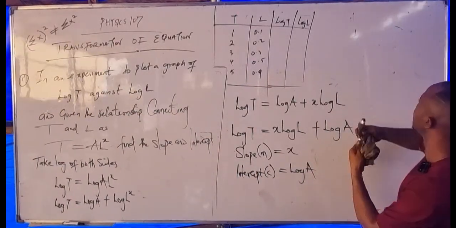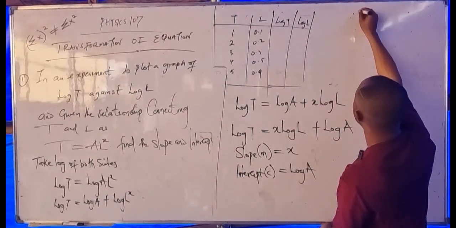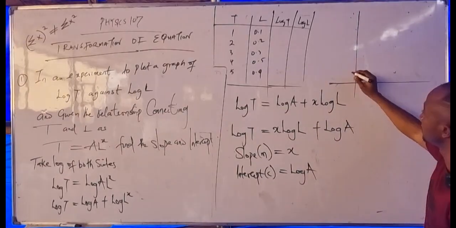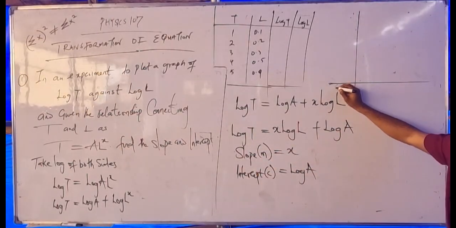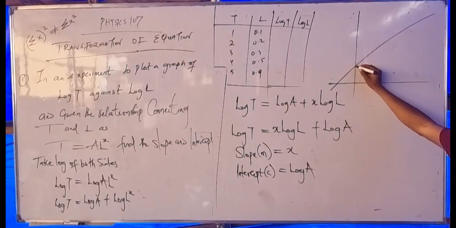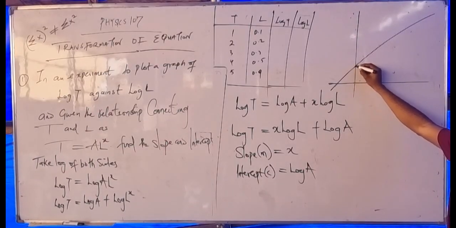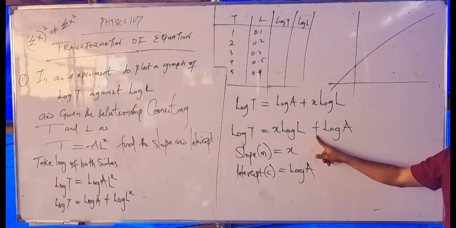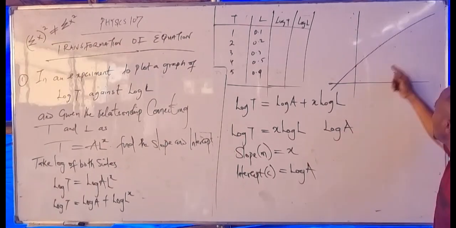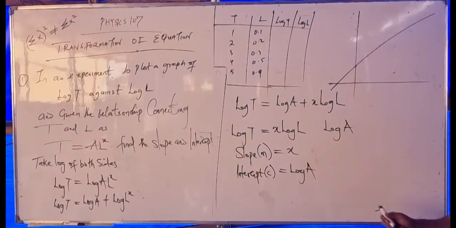When you plot, the nature of this graph will be of this kind. It is a straight line graph that has its intercept on the positive y-axis. Why? Because we have plus here. If here is minus, it will cut this way. So here is plus, right?